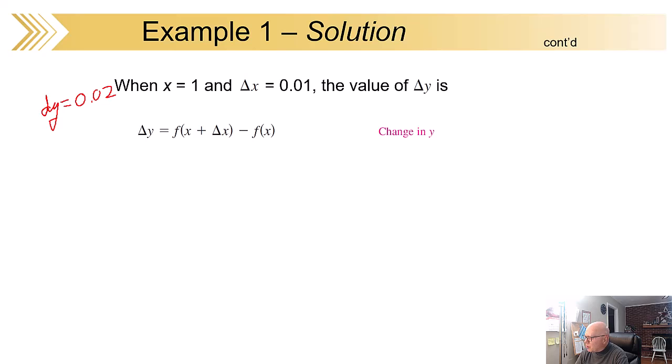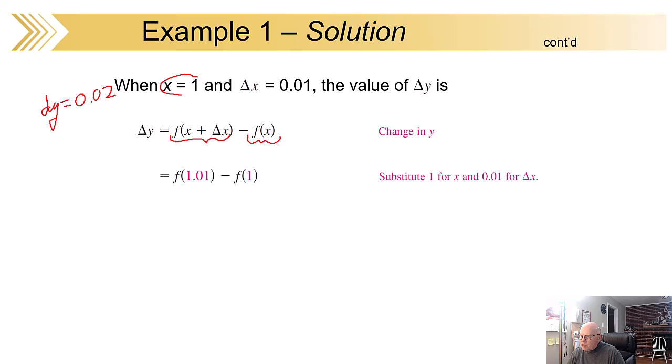Now we're going to find out what delta y is. Remember, I told you, usually it's pretty close. We'll see how close it is in this case. So delta y is the y value at 2 different places. Now we're talking where x equals 1 and delta x is 0.01. What's that mean?